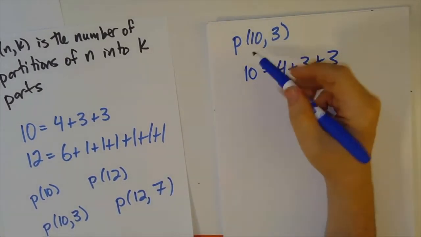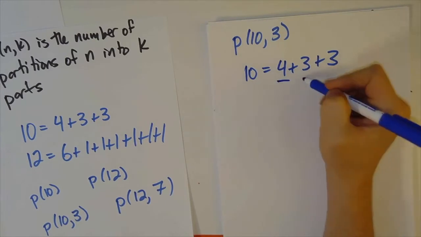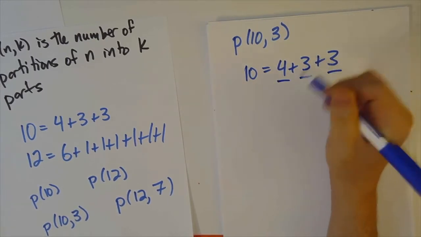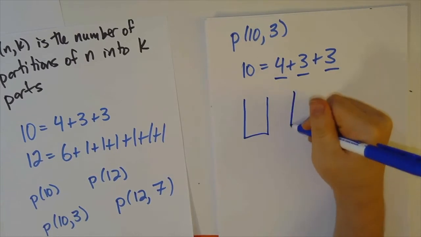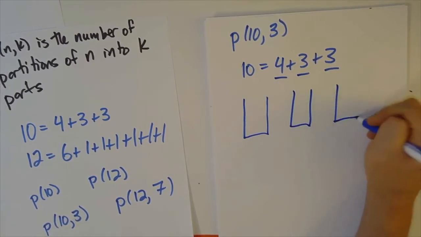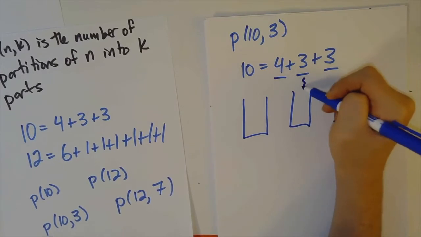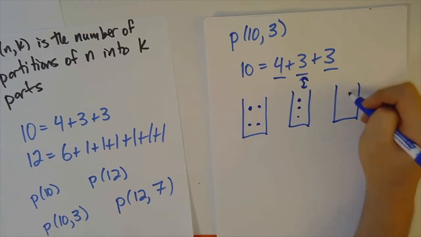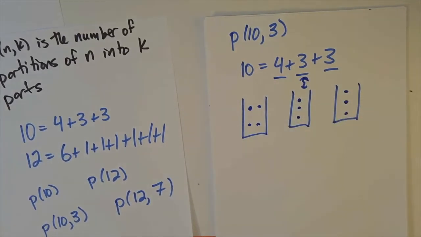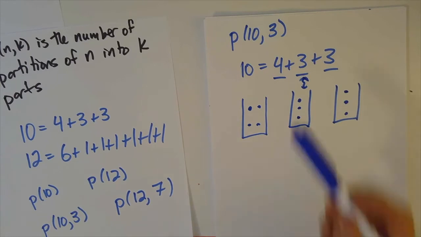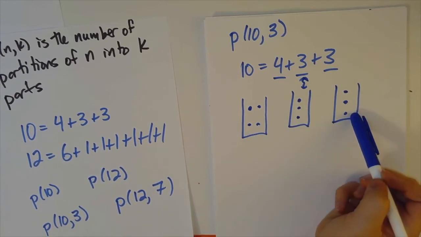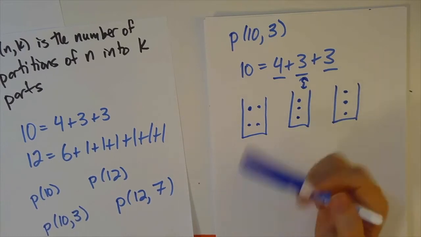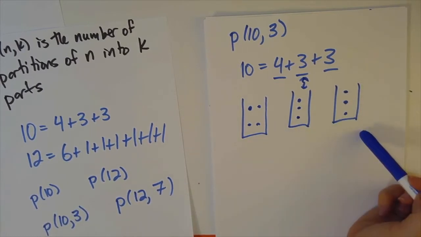So when we're looking at p of 10,3, we're always going to be looking at 3 total slots. And so I'm going to view this as being in some sort of correspondence with this distribution of dots into boxes. This 4 plus 3 plus 3 corresponds to saying I'm going to put 10 balls in 3 boxes, 4 in the first, 3 in the second, 3 in the third, except, again, the order doesn't matter, so really I'm just saying I'm putting 4 in one box, 3 in another box, and 3 in yet another box.